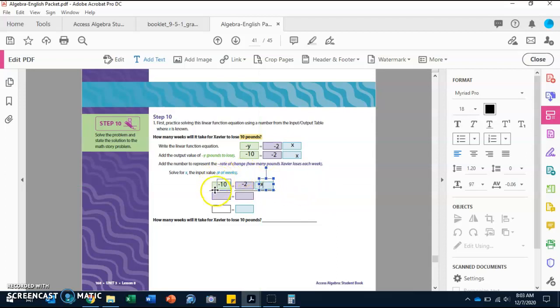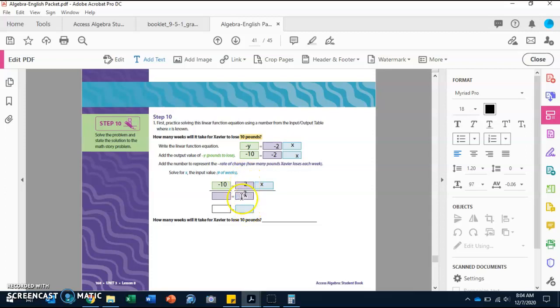And so we can find out the answer right here. We need to get rid of this negative 2 right here. And in order to get rid of it, we need to divide by it. So negative 2, we're going to put another negative 2 over here, because these two are the same, and when they're the same, they cancel each other out.